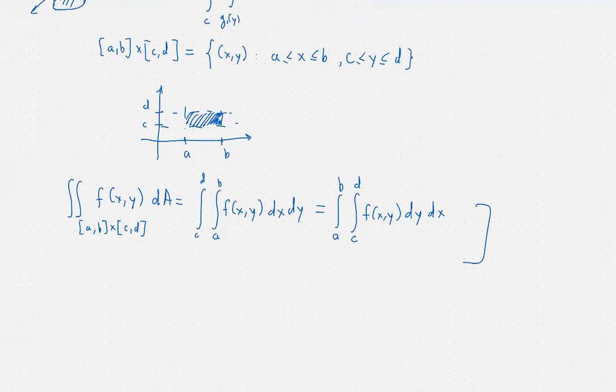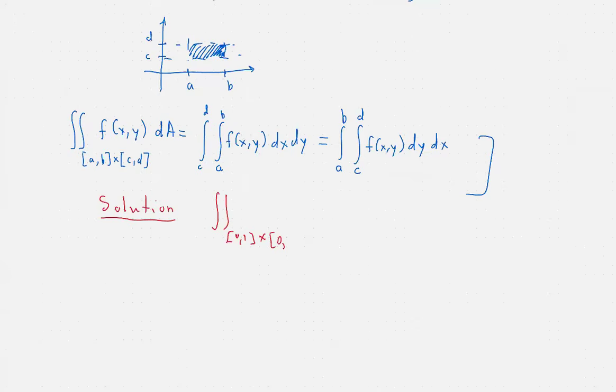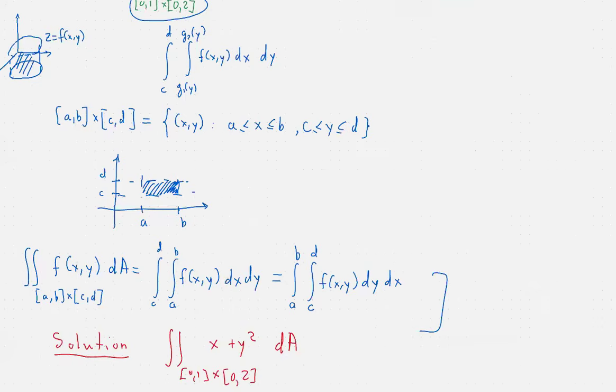So we have the double integral over [0,1] cross [0,2], and the function was x plus y squared dA. Here the letter A stands for area, and it's a good way to distinguish between double integrals and double iterated integrals.